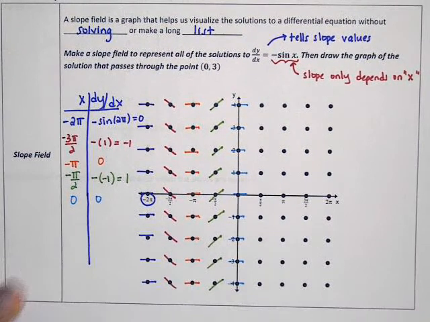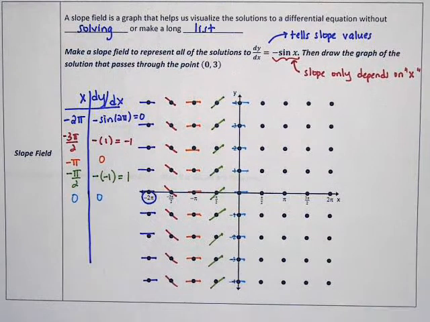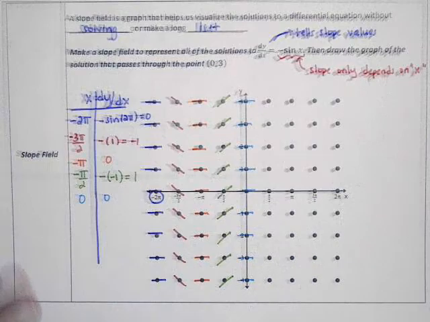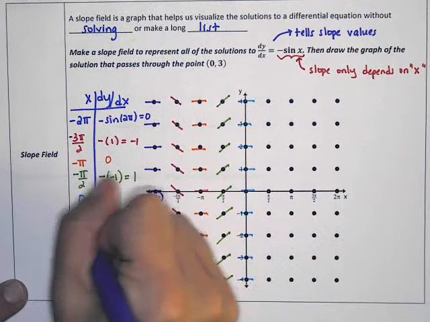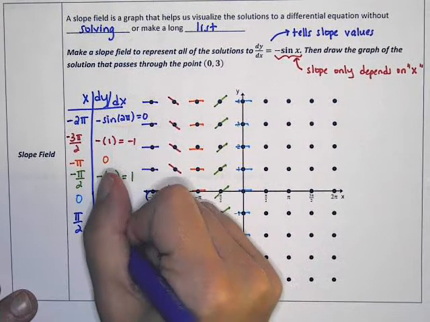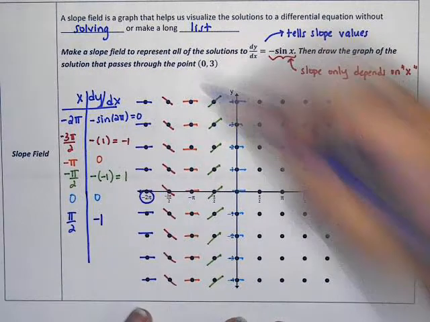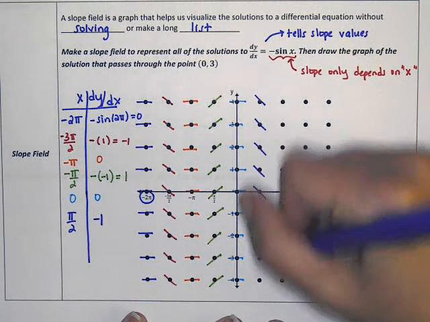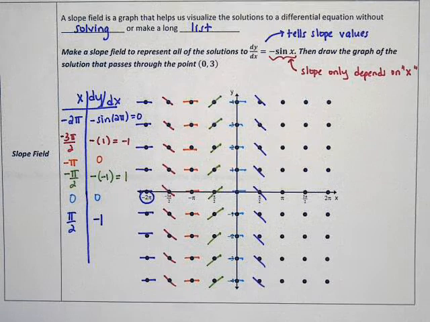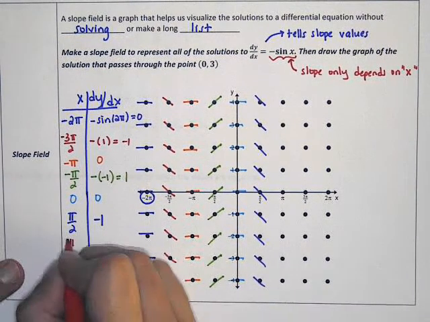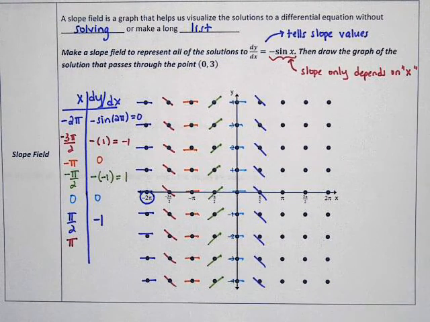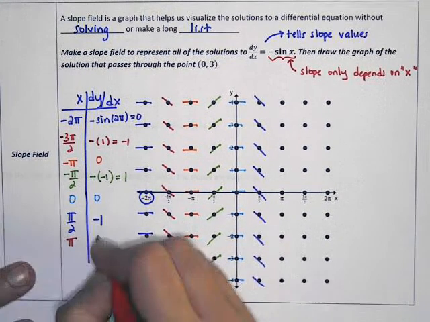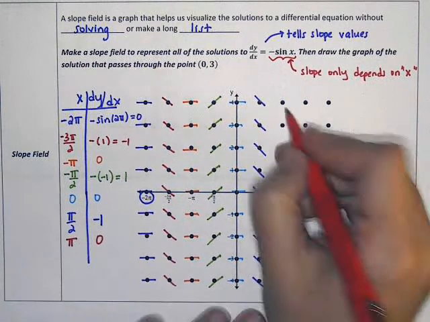They all have a slope of 0. At pi over 2, sine is positive 1, but since we have negative sine, it would be negative 1. So it would look like this, little negative lines. At pi, sine would normally be 0, and negative would make it still 0.